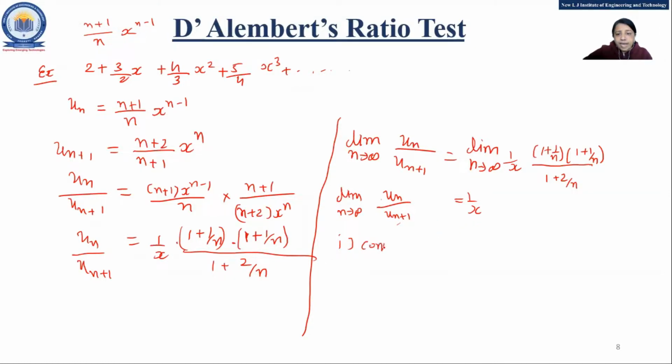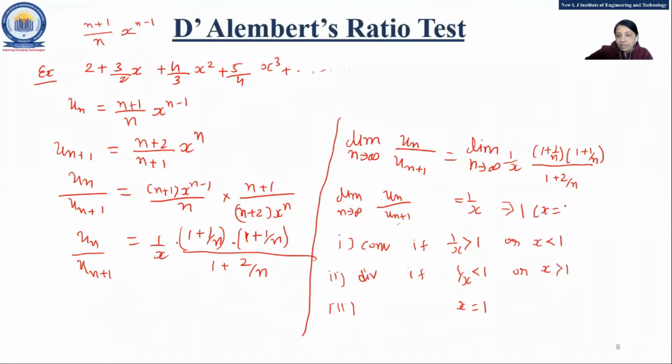So we can say that the series is convergent if 1 by x is greater than 1, or you can say that x is less than 1. Then our series is convergent. It is divergent if 1 upon x is less than 1, or x is greater than 1. But whenever the value of x is 1, then 1 by 1 is 1.